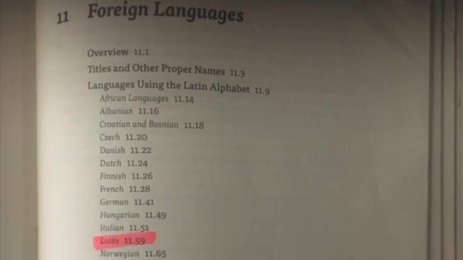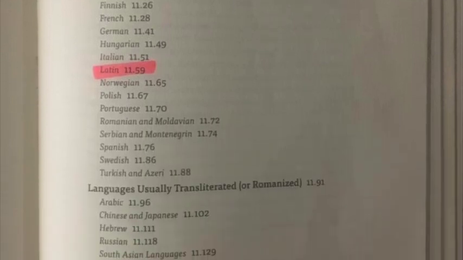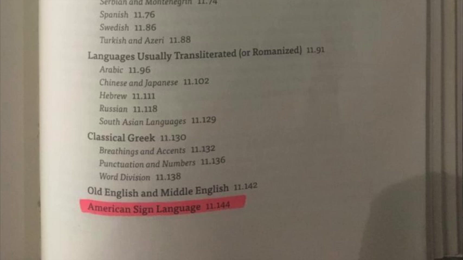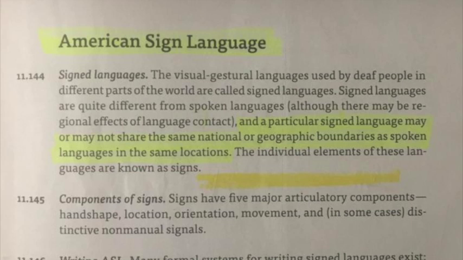This was discovered by Romley Stewart and Rohan Lorian, as I mentioned earlier on. Okay, so American Sign Language at the bottom here, section 11.144. So let's go to there. Okay, so here we have American Sign Language.